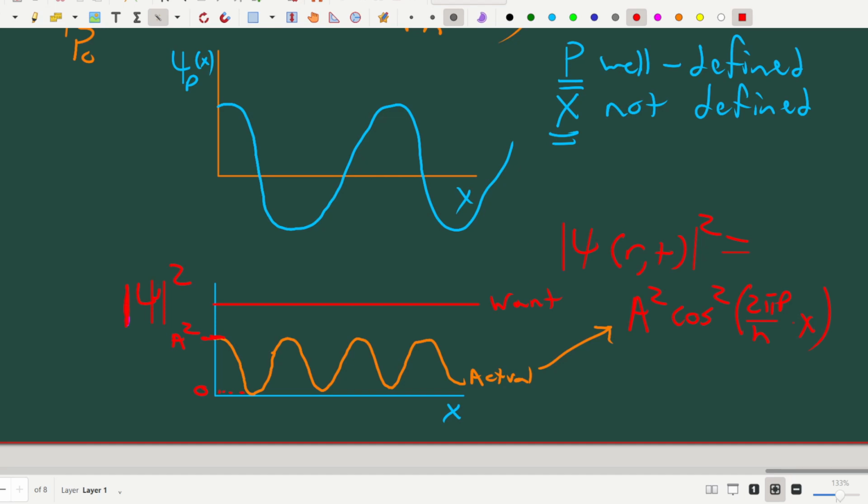All right, so what is a function that gives me the sinusoidal properties that I want? It's still a wave, it still oscillates at a frequency, but it gives me a straight line for its probability. So what do we need?